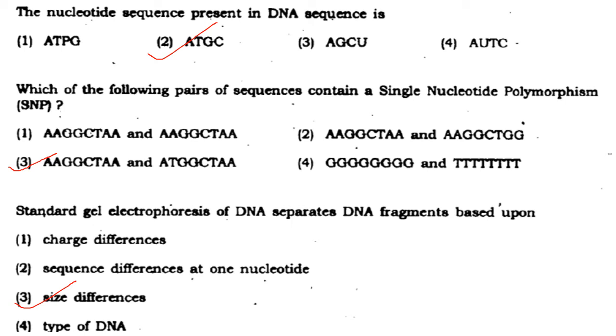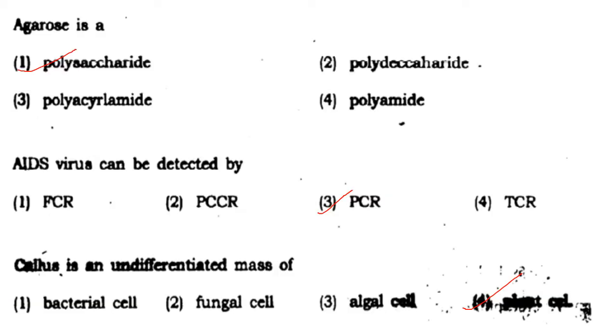Next one. Standard gel electrophoresis of DNA separates DNA fragments based upon option 1 charge differences, 2 sequence differences at one nucleotide, 3 size differences, 4 types of DNA. Answer is option 3. Next one.